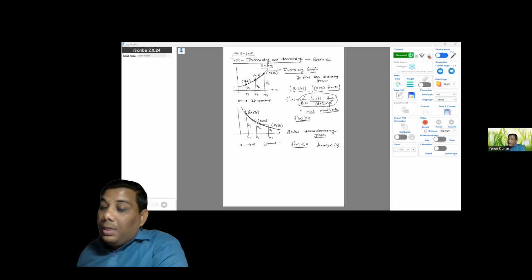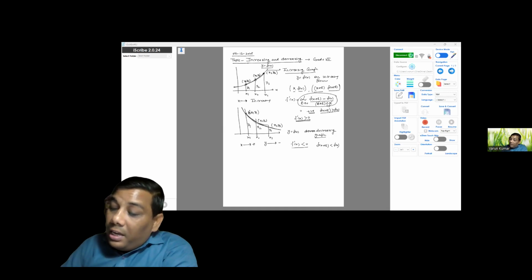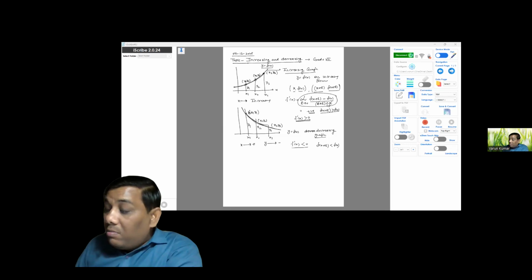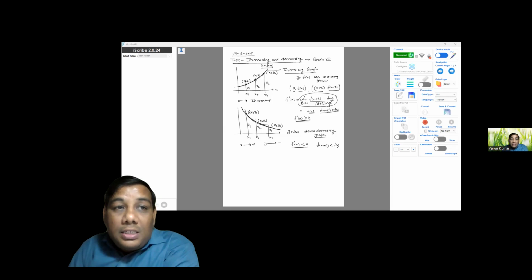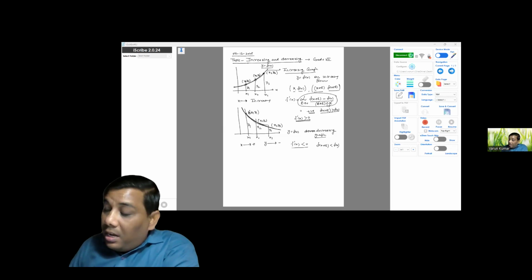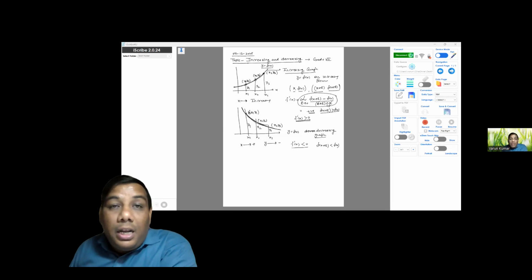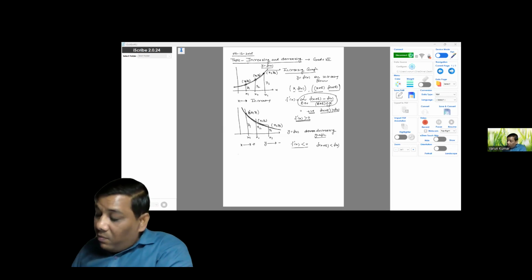Now, this is totally increasing. Here, there is no constant position in the behavior of the graph. The graph of the function is strictly increasing, and here it is strictly decreasing. Sometimes we are able to find a graph of this situation.